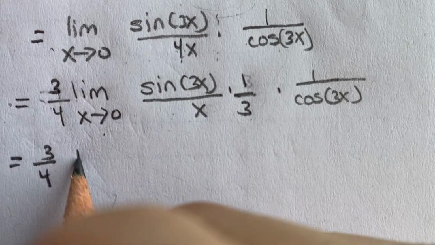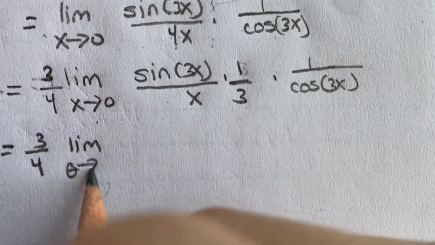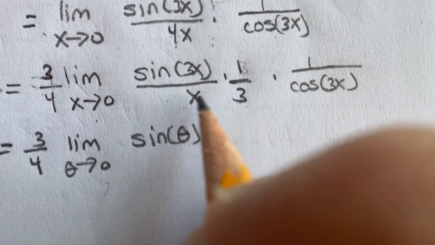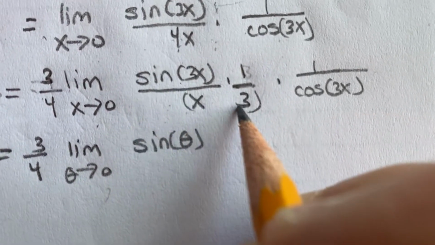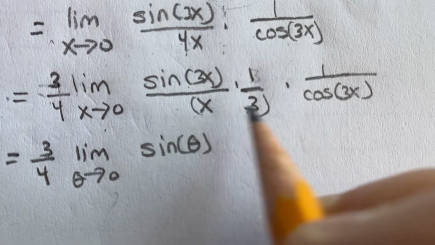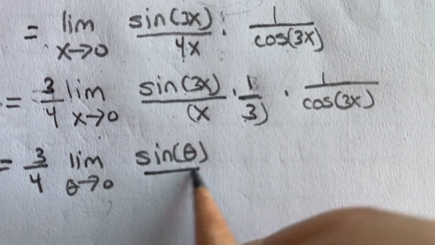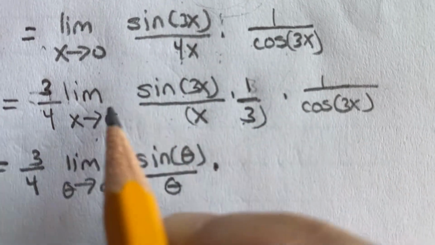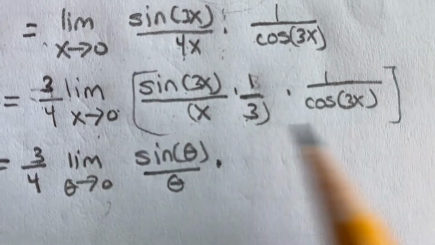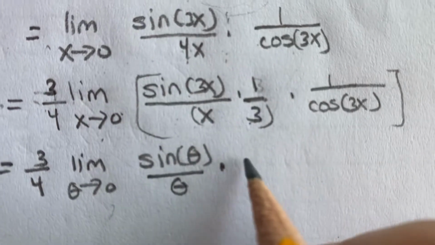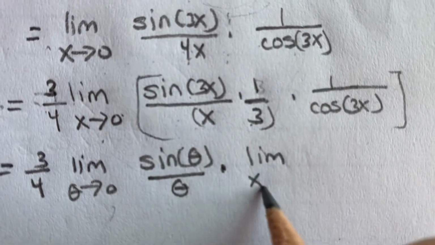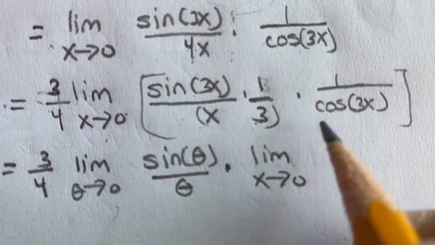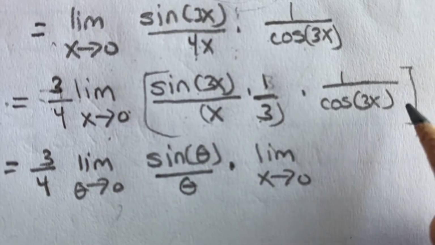3 over 4, the limit as theta goes to 0 of sine of theta, right? This is 3x now, right? Sine of 3x over 3x. So theta is equal to 3x. And over here, I'm going to use the limit product rule, right? The limit of the product is the product of the limits. You can keep this in terms of x still, or you can keep it in terms of theta.